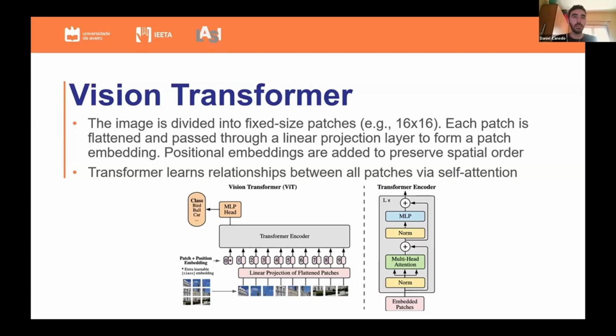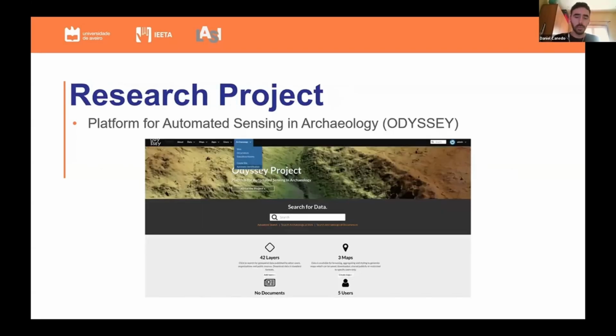And these patches have meaning within the image and also a position. Those two things are quite important for the transformer to learn all the relationships between all these patches during the training.